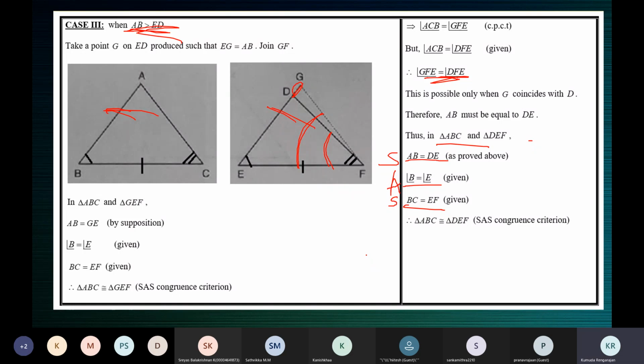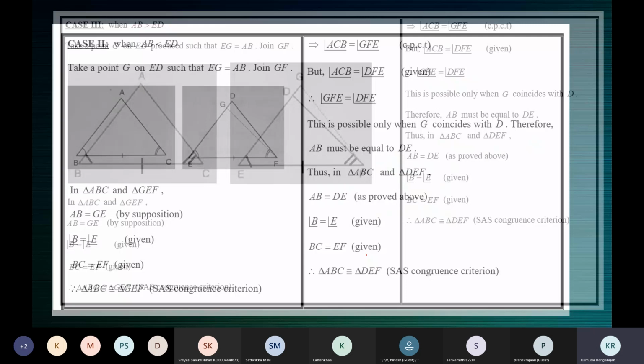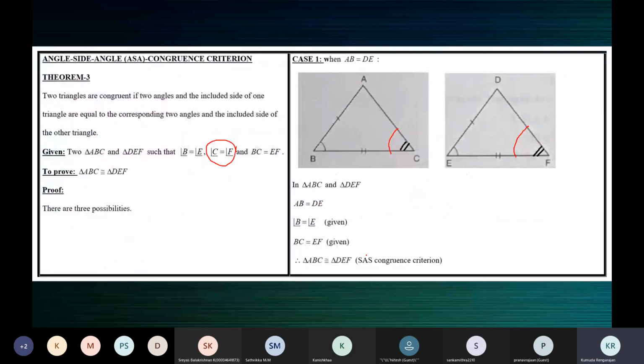So this proves that in two triangles, when two angles and the included side are equal, then the triangles are congruent to each other. This is the proof for the ASA congruence criterion.